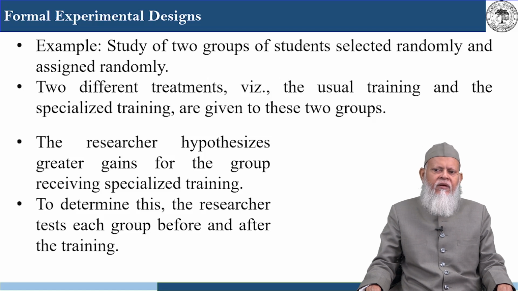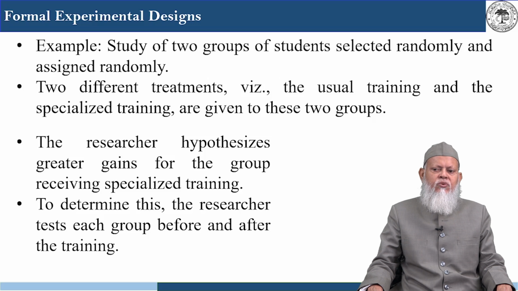And here two different kinds of treatments, that is the usual training and the specialized training, are given to these two groups. We made the two groups, that is the experimental group and the control group, on a random basis.